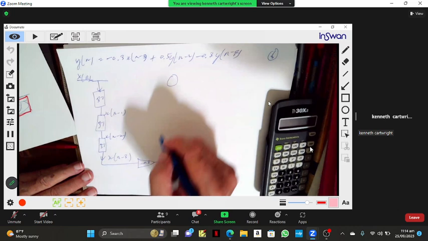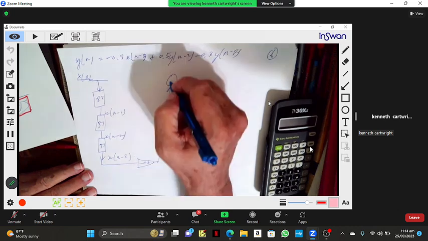This line here is negative 0.3 x of n minus 3.